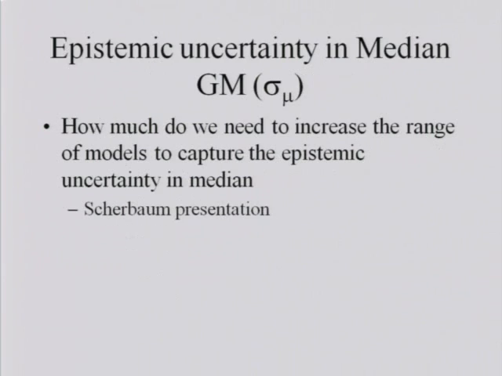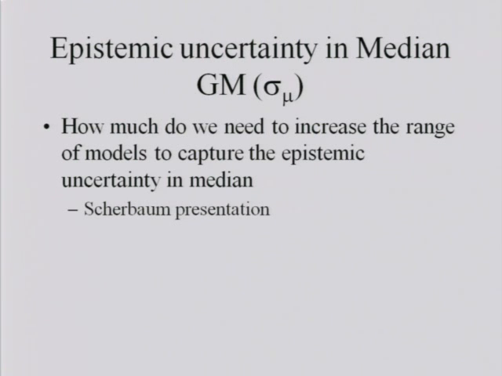I believe that's it. The last thing, epistemic uncertainty, and this is more than median. It's also the whole model, I think, both the median and sigma. Is in the ground motion model, the sigma mu, are our models capturing the range, okay, of what is really out there or not? And this comes back to our problems we've had in the past.